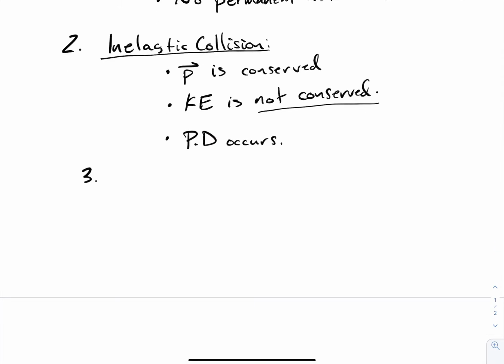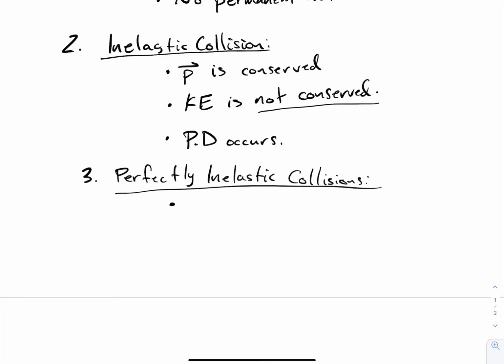The final type of collision is really a subset of inelastic collisions, but I like to create a whole new category for it. It's perfectly inelastic collisions. And this will have one extra bullet. So momentum is conserved, of course, in every collision. Kinetic energy is not conserved.